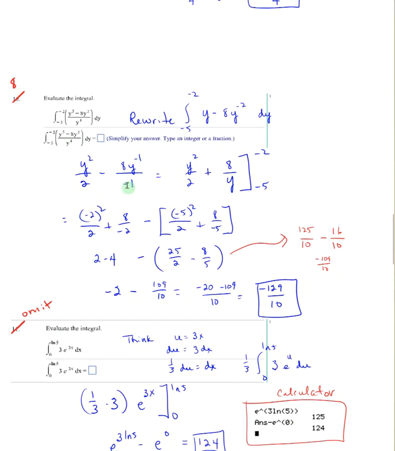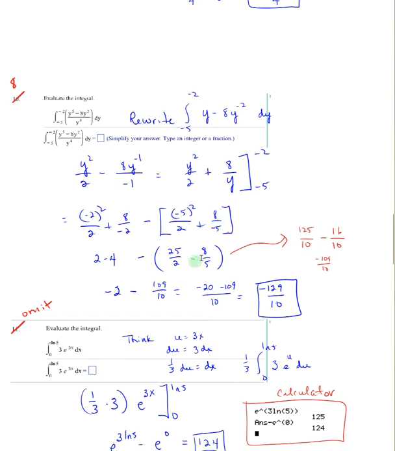Those two negatives made it positive. From -5 to -2. We're plugging in -2 and we're plugging in -5. Here we get 2 minus 4. Here we've got 25 halves plus, that's a -8/5.